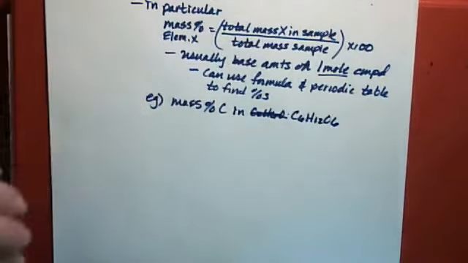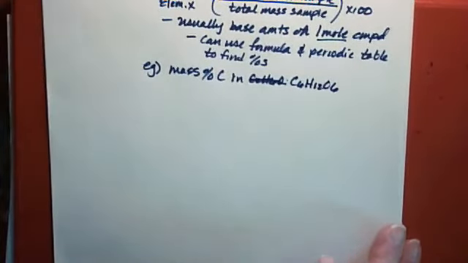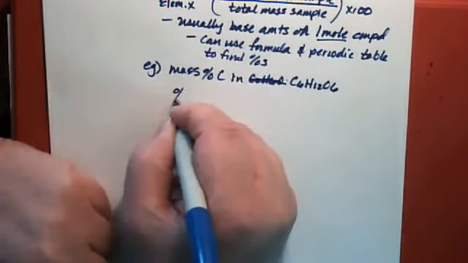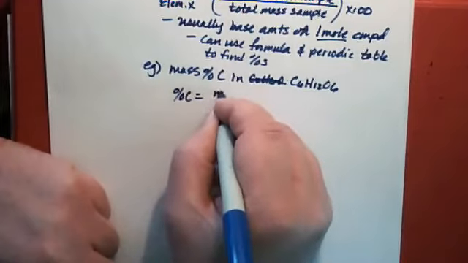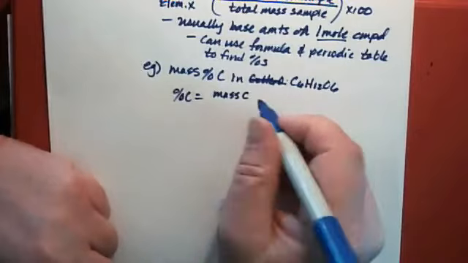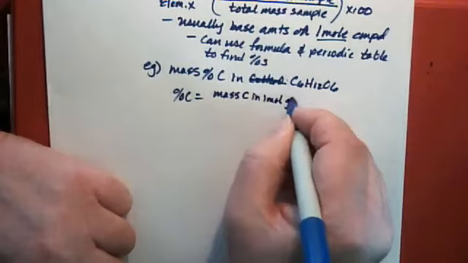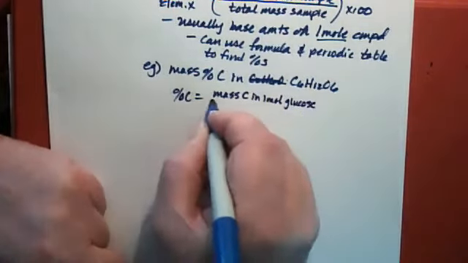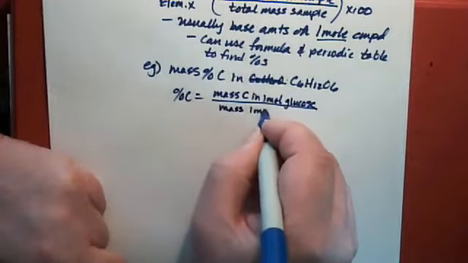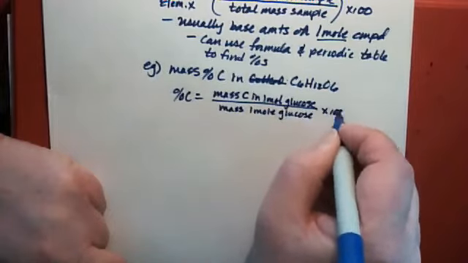Okay, so if you wanted to find the mass percent of carbon in glucose, which has the formula C6H12O6, then that would be the mass of carbon in 1 mole of glucose divided by the mass of 1 mole of glucose, times 100.